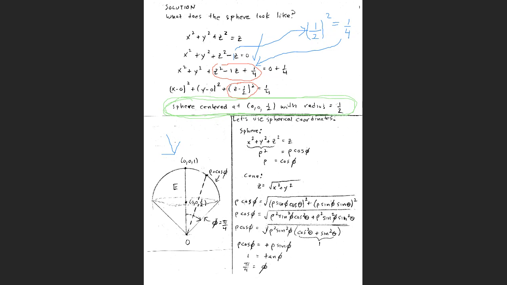So let me give you a moment to get the picture down here, and then we'll talk about converting the sphere and the cone into spherical coordinates. Their equations into equations in terms of spherical coordinates. Let me give you a moment to copy that.